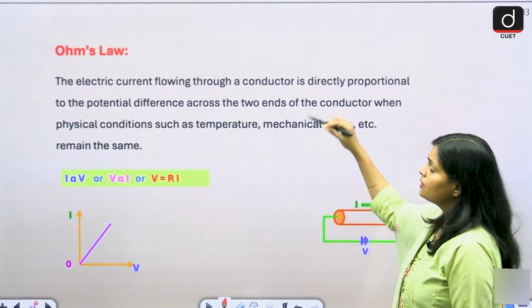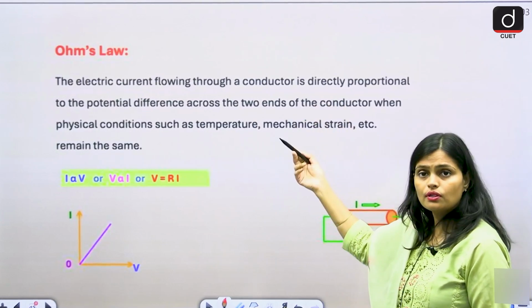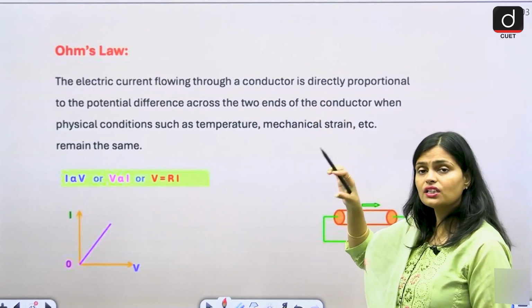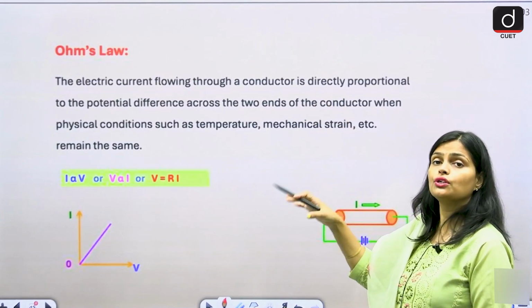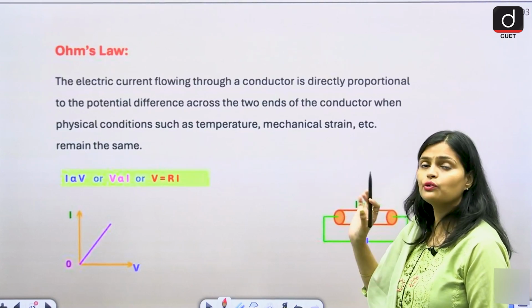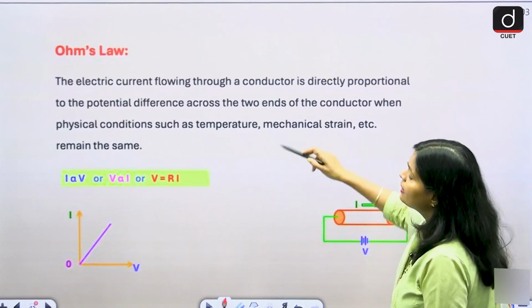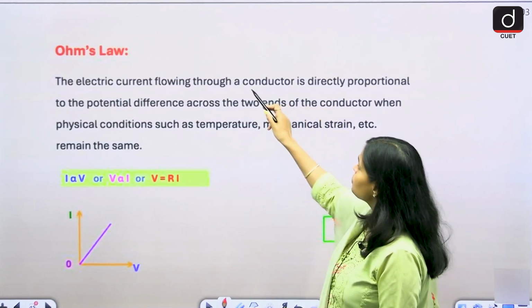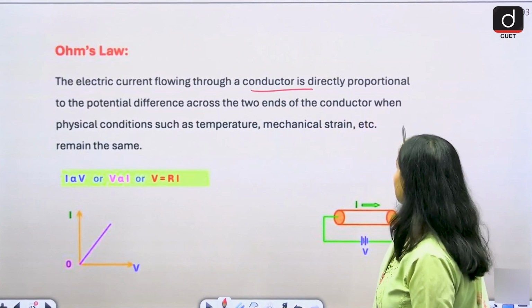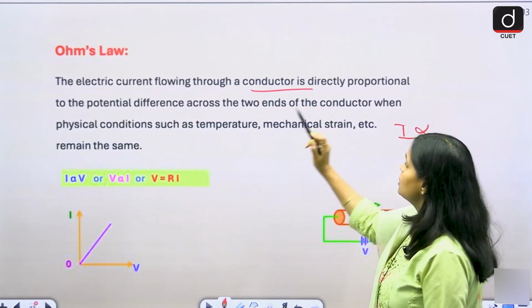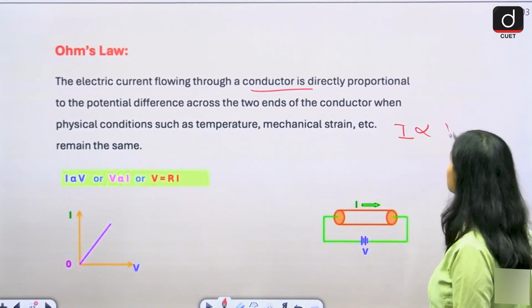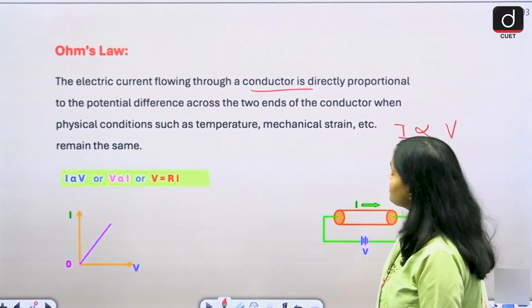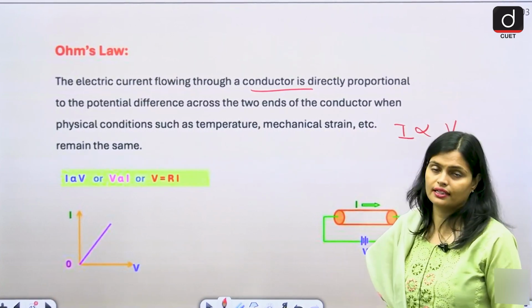Clear? So what happened here? According to Ohm's law, the electric current is directly proportional to the voltage applied to the device. The electric current flowing through a conductor is directly proportional to the potential difference across the two ends of the conductor.